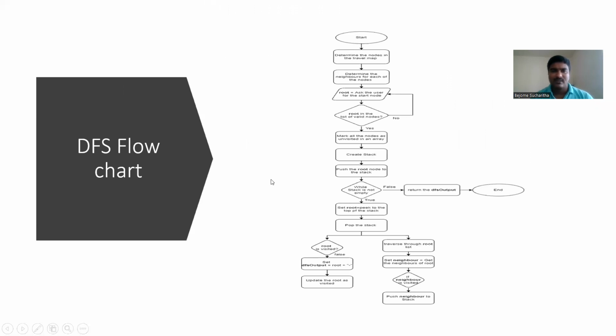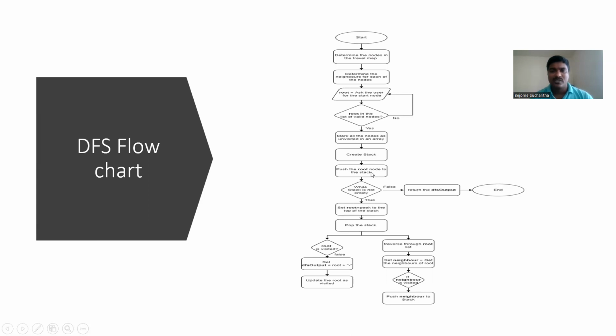And this is the depth first search flow chart. We start and determine the nodes in the travel map, and determine the neighbors for each of the nodes and the route. Ask the user for the start node. If yes, it goes to the next stage; if no, the steps are repeated. If yes, mark all the nodes as unvisited in an array.